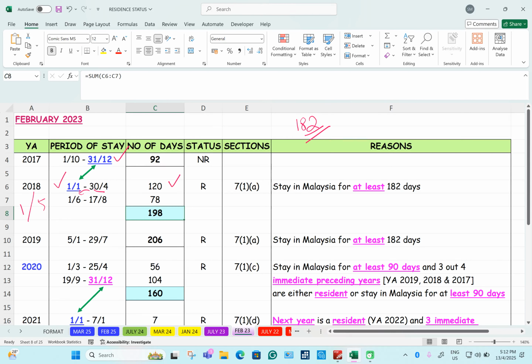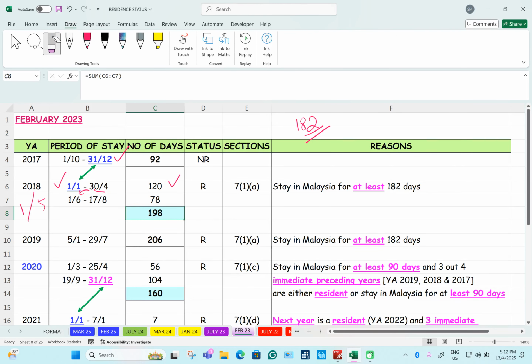Now let's try C. What is C, everyone? C: stay in Malaysia for at least 90 days. Look at here, do we have 90 days? Yes, we do. And then 3 out of 4 immediate preceding years. Guys, do we even have 16, 15, 14, and 13? No, because the first time she came to Malaysia is 2017, isn't it?